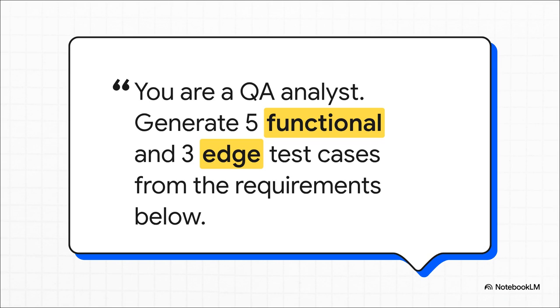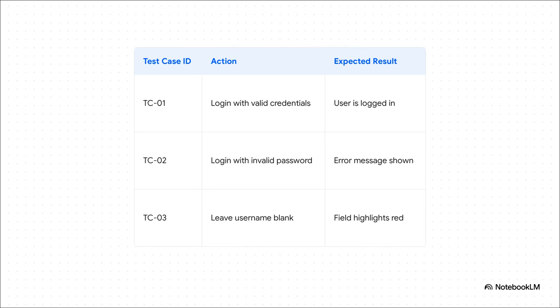Then you can just paste in your raw requirements or a user story, and you get exactly what you need back. And just like that, boom, you get back a clean, structured table just like this one. It's totally ready to be copied and pasted right into a tool like TestRail or even just a simple Excel sheet. You can literally turn a dense document into an actionable test plan in seconds.